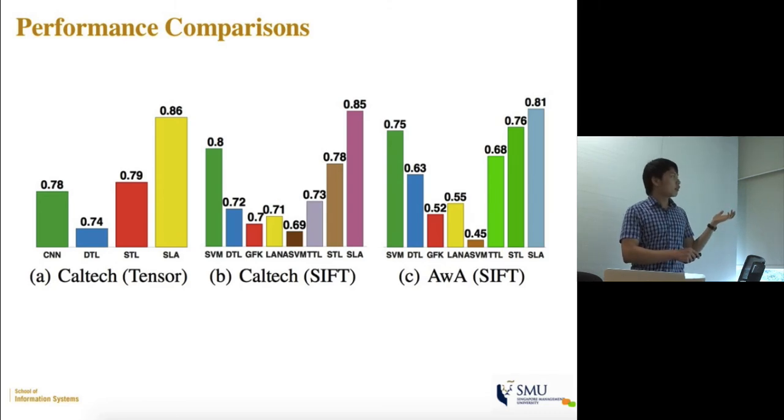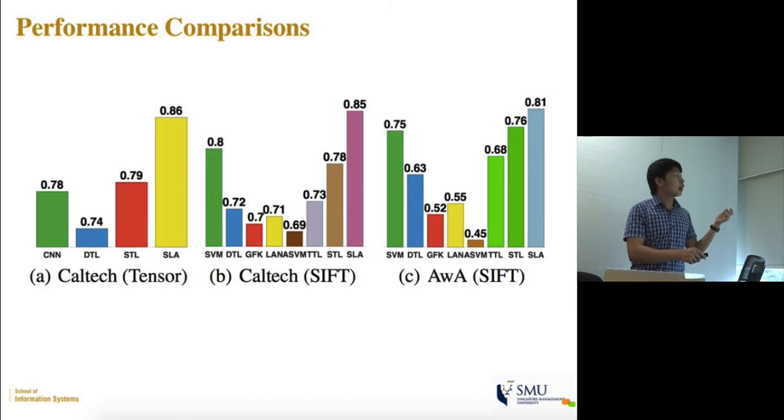In the first comparison, they actually have the CNN and they compare. You can see that some transfer learning methods report worse performance compared to supervised learning algorithms. For example, deep transfer learning, compared to CNN, reports lower performance.